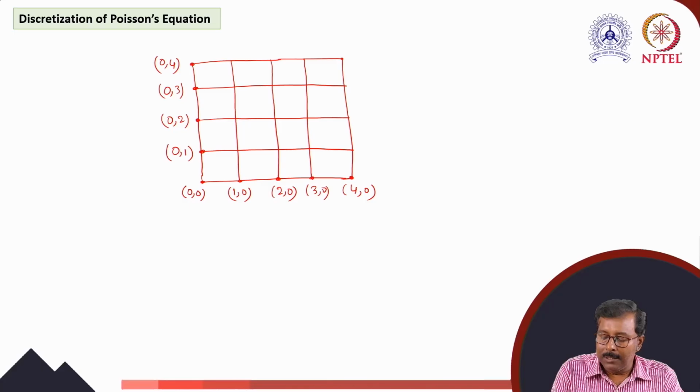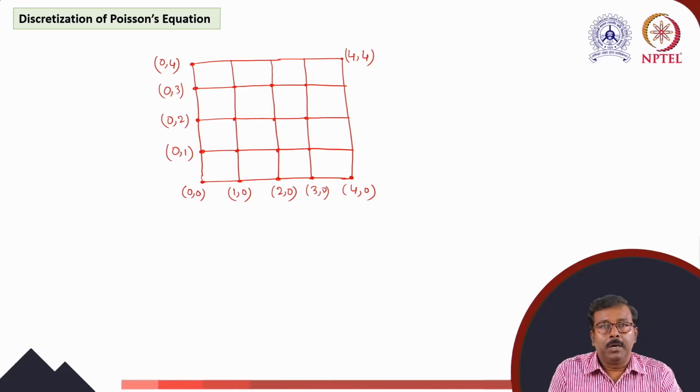These are the boundary of the region, and this point will be 4 4, and other mesh nodes we can write accordingly.